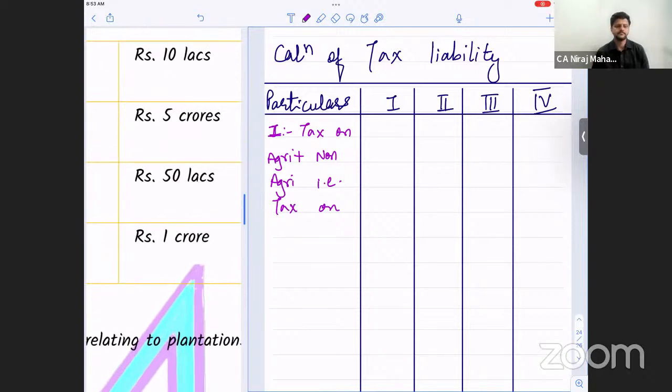Tell me, because that is my agri plus non-agri. So basically I'm writing here 10 lakhs, 5 crores, 50 lakhs, and 1 crore. Right now I'm writing in very rough language, but that's okay. Therefore, tax amount. Okay, give me the tax.